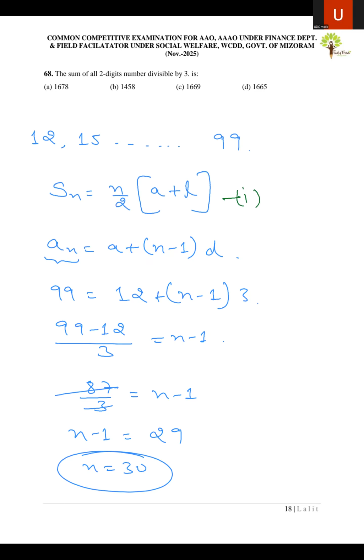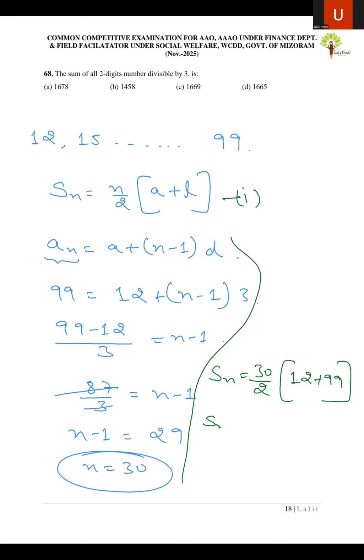Now putting n equals 30 in this equation first, what will we get? Sn equals 30 by 2. First term, that is 12, plus last term is 99. So the answer is 15 multiplied by 111. Now what is the way of multiplying any number by 111? It is very simple.